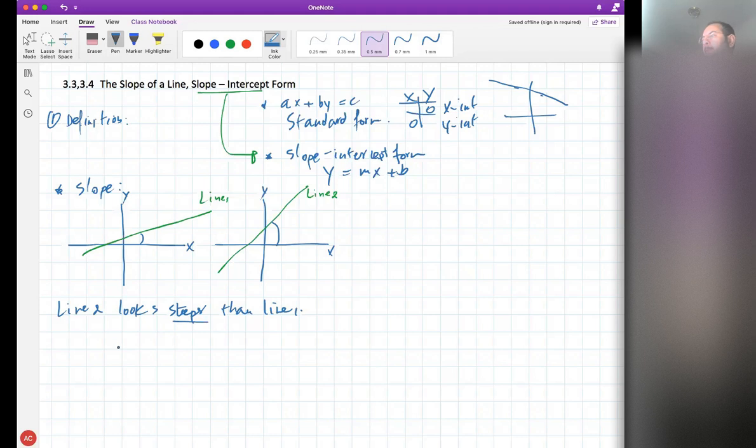So the slope, you can add to this, we can say the slope of line 2 is basically higher, is greater than the slope of line 1.